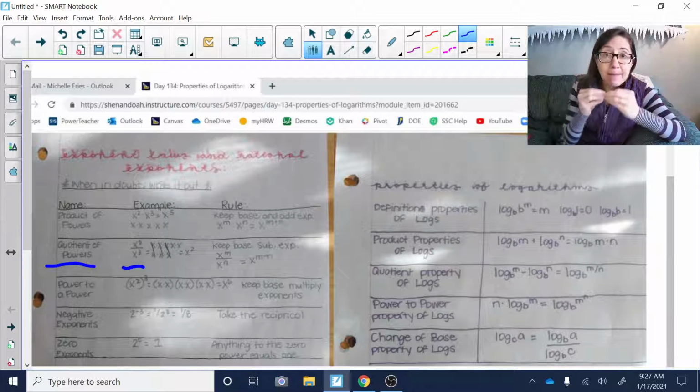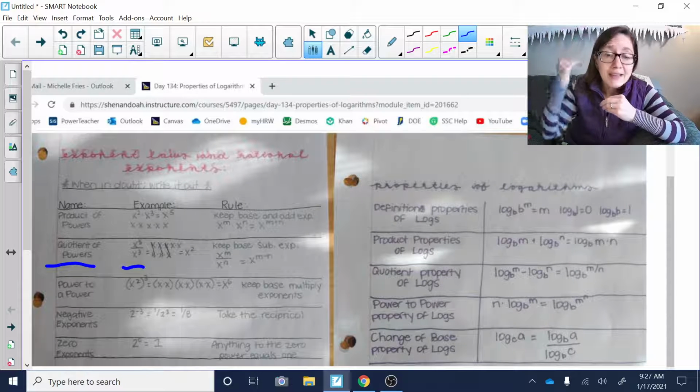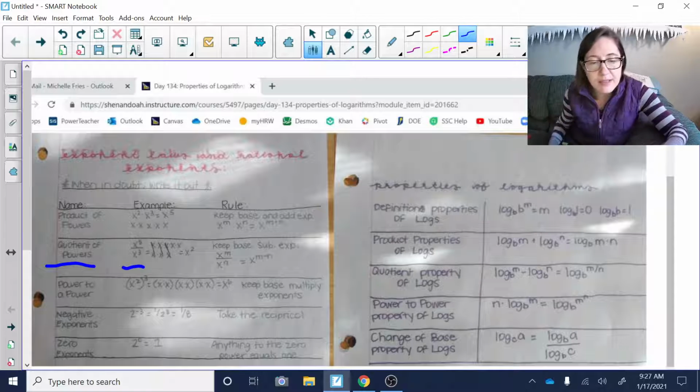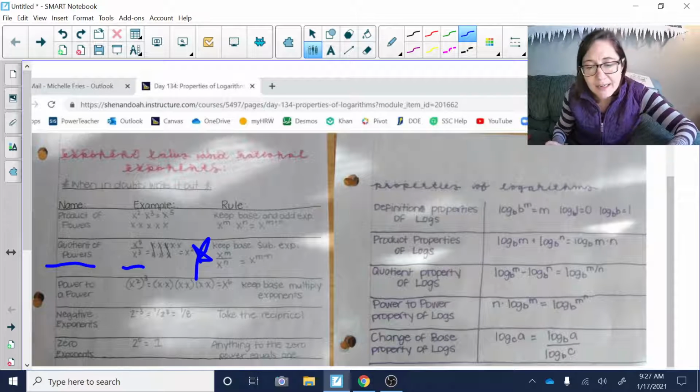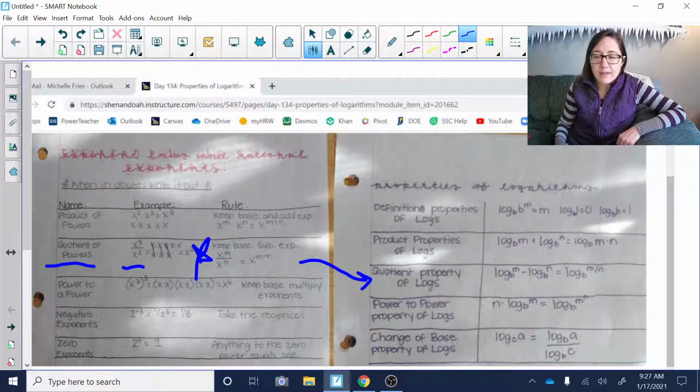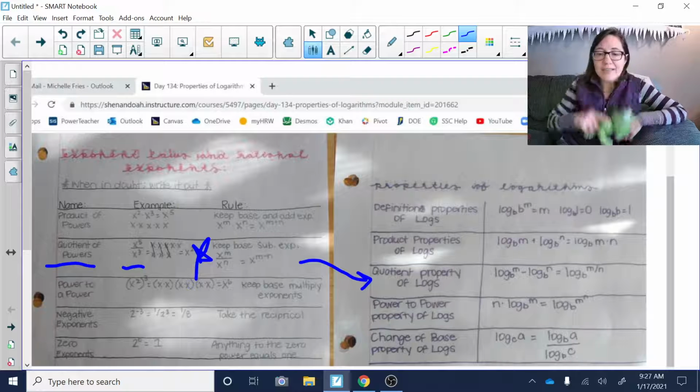Well, we keep that same base and we subtract the exponents. Okay, you see that in the rule right here. Keep the same base and subtract the exponents. So let's connect that over to the quotient property of logarithms. So what does a logarithm tell us? An exponent.